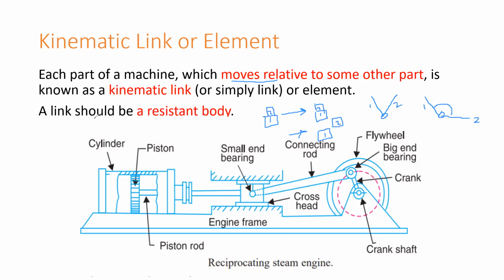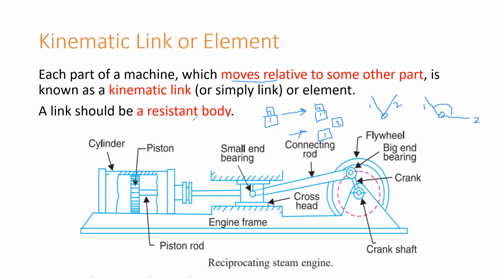Now next, a link should be a resistant body. What is the meaning of resistant body? A resistant body is one which does not deform in a way that affects the motion transmission.